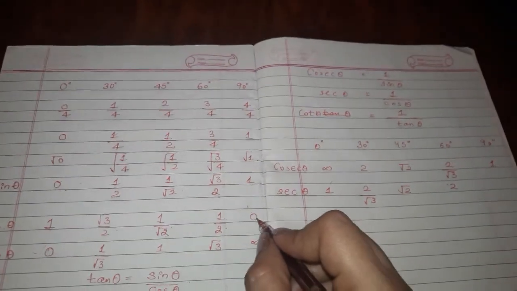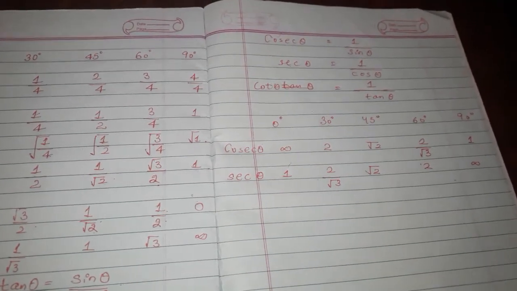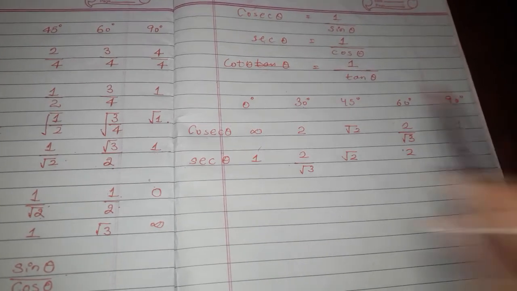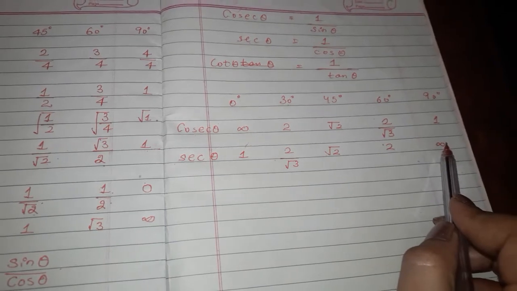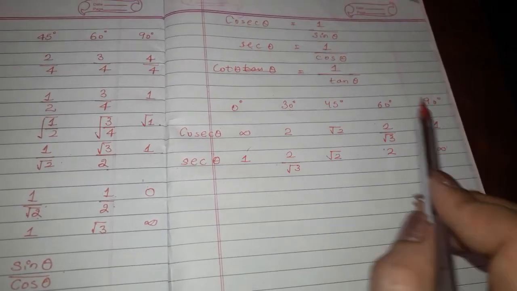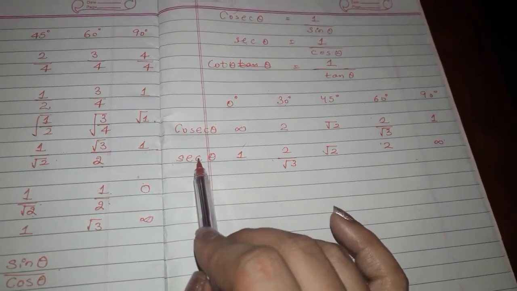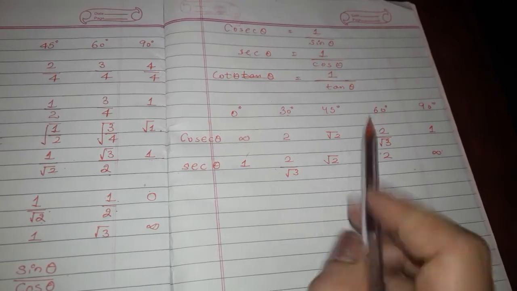And cos 90 is 0, it will be infinity. You can check it as we have done in sin theta and cos theta. The extreme left value is on the extreme right for the secant theta, and the extreme right value is on the extreme left. Similarly here, and this value is the same.